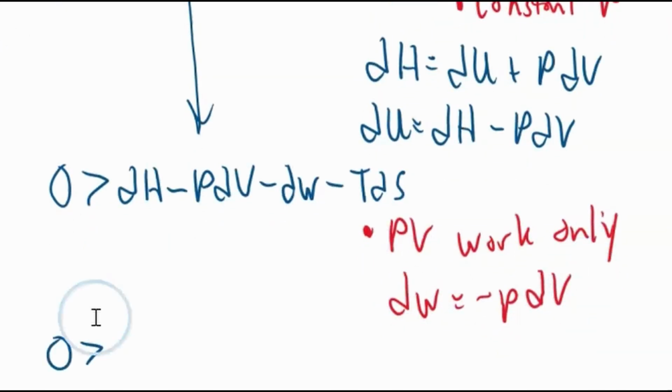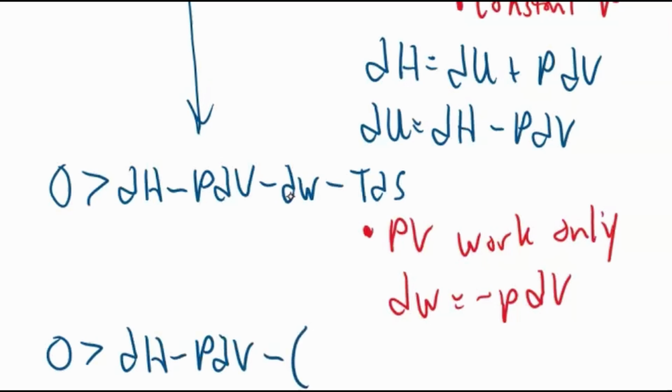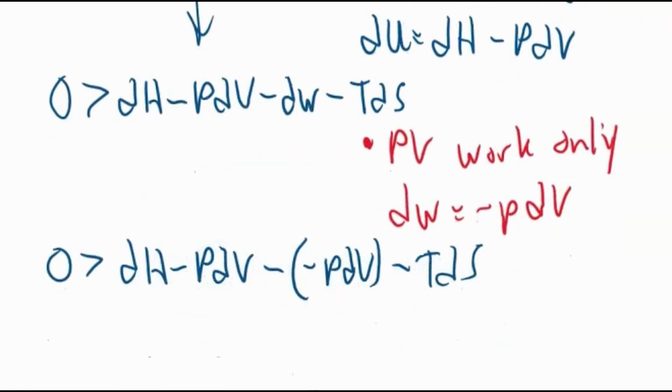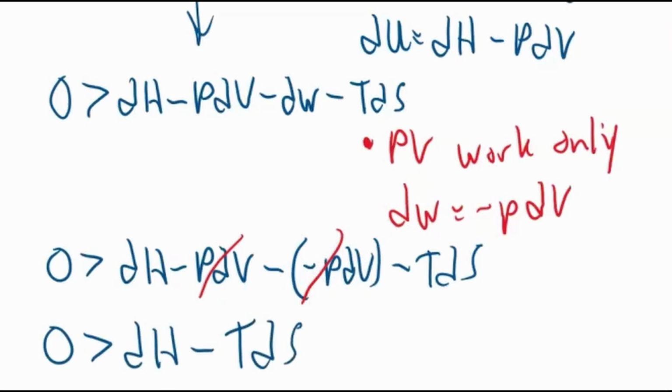So we'll plug that in for dw: dH minus P dV minus, and the dw is now negative P dV, minus T dS. Look at this, the P dVs cancel, because a minus and a negative cancel. So we're left with 0 is greater than dH minus T dS.